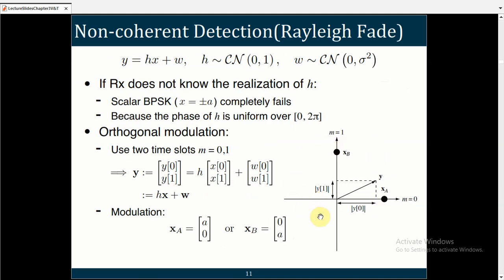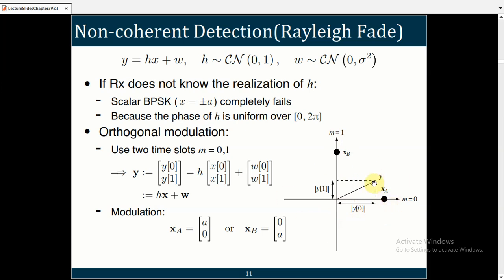If you see this diagram here, this gives a very clear idea of the projection of the received signal on two axes. One axis is the time symbol transmitted at m equal to 0, and the other axis is at m equal to 1. So XA is on the m equal to 0 axis, and XB is on the m equal to 1 axis, which is the y-axis. It's a two-dimensional plane.